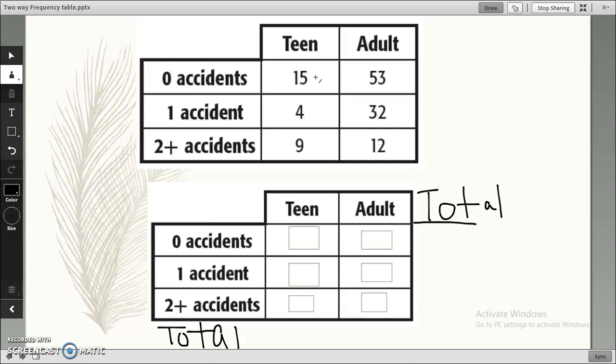So 15 divided by 125. 4 divided by 125. 9 divided by 125. Now I add them.